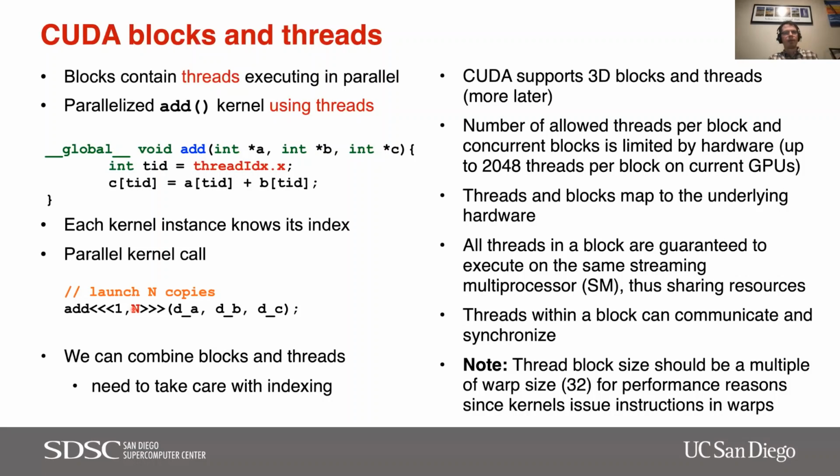Say if you have 33 here, then you would have 32 cores doing an operation, and then you have one more thread, but it still would issue the instructions to 32 cores. That means that 31 cores would do nothing. They basically are just occupied doing nothing. So you need to use a multiple of 32 here.